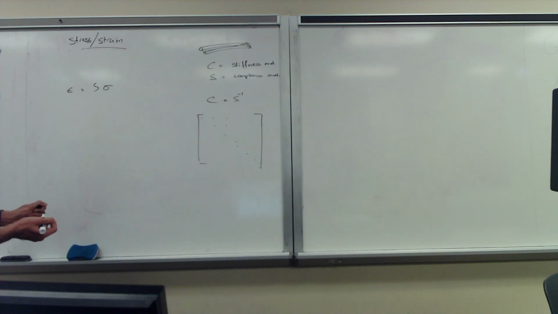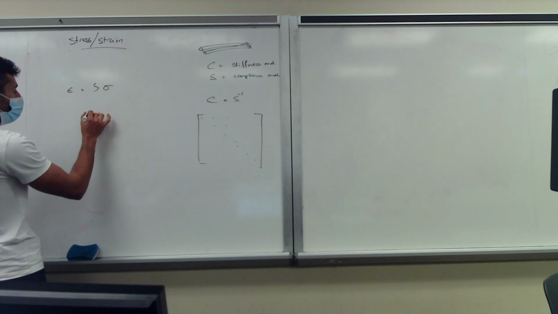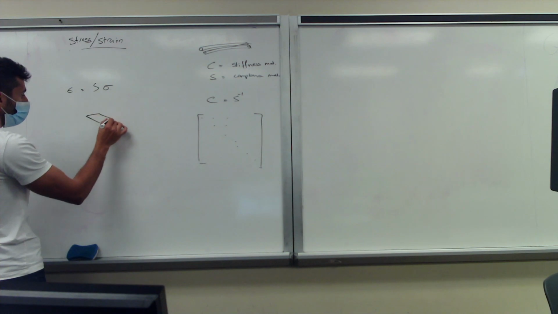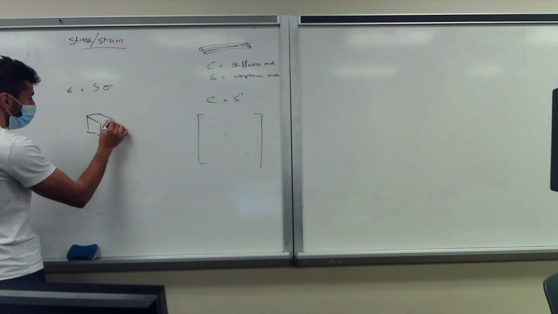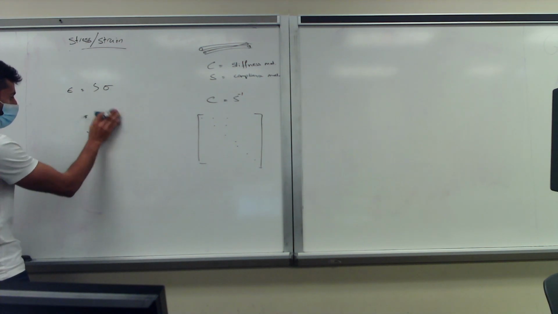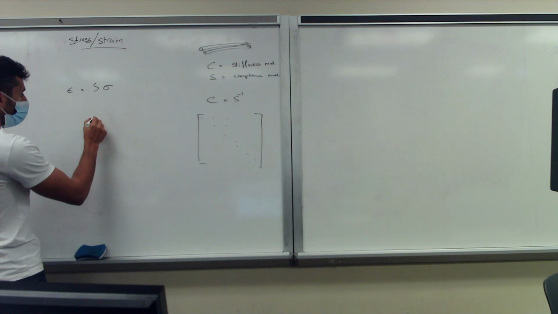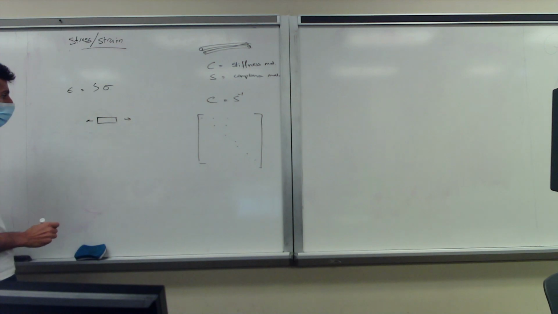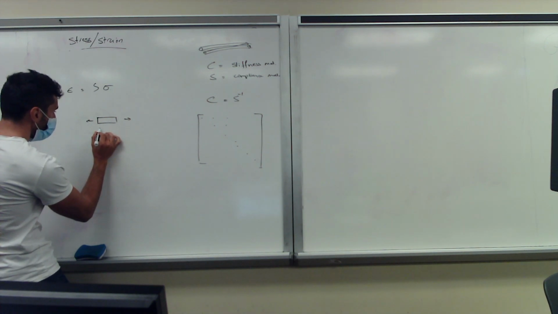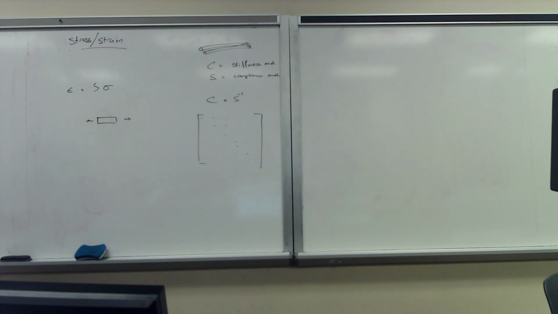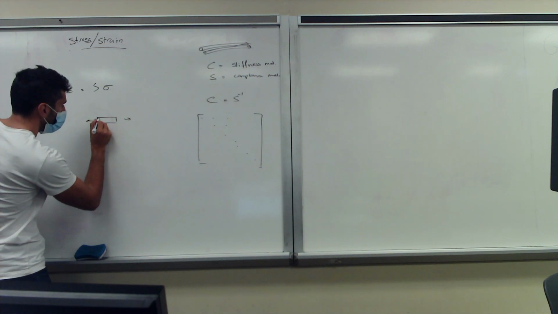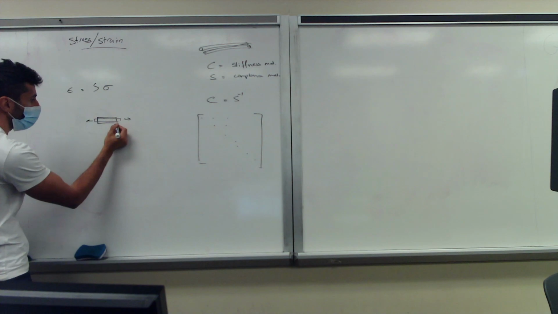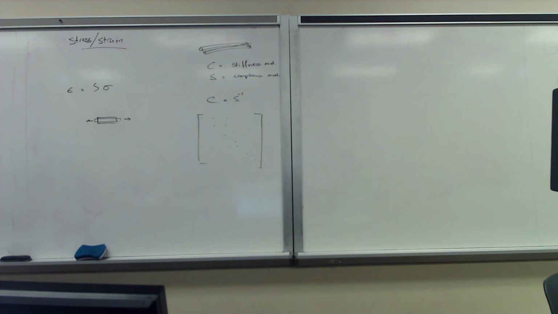So going back to our isotropic material, we just got a bit sidetracked. Let's make it a bit simpler. We noticed if you have something and we pull it in the x direction, our material elongates but shrinks in the transverse direction.